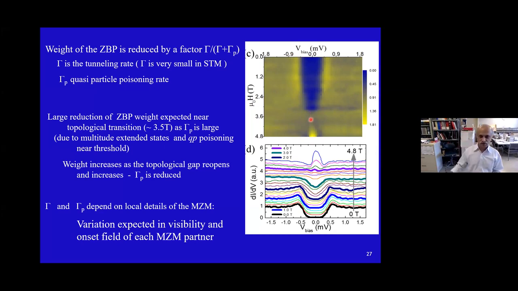That's when you have lots of these extended states, and the excitation across the gap for the quasi-particle is very large, so your gamma p value is very high. As a result, the weightage is very small, and your peak is not very well defined. But if you go away from here, even further in field, one should be able to see an even better defined peak.